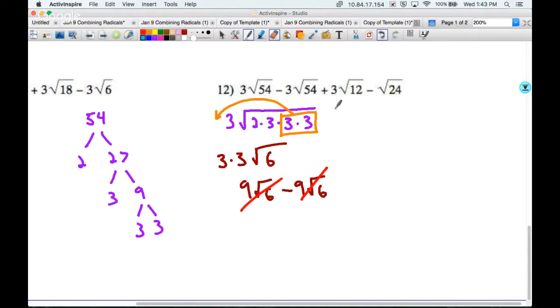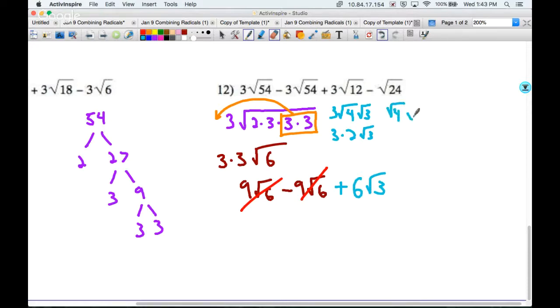Let's see, the 12, why don't I split that up into the square root of 4 times the square root of 3. Makes this a 3 times 2 times root 3, which makes this a 6 root 3. And the 24, I'm going to split that into 4 times 6.